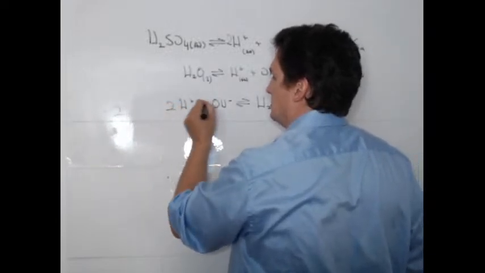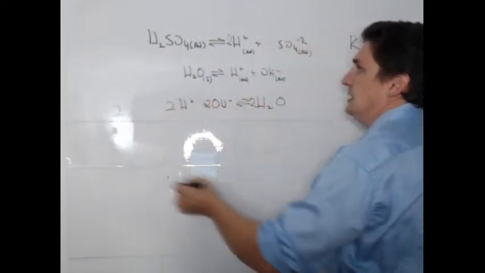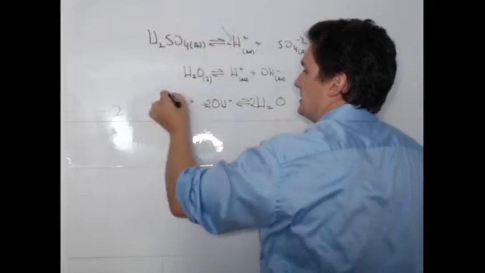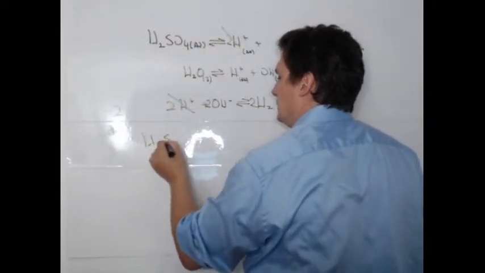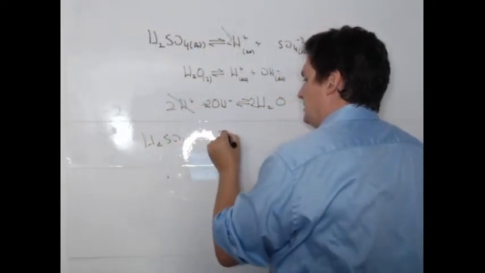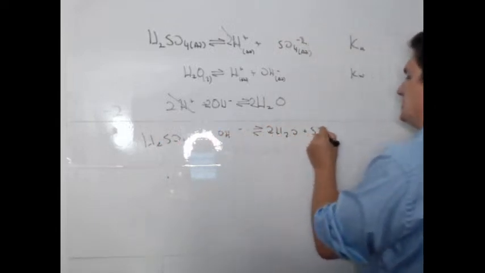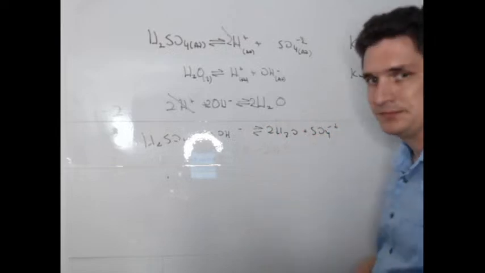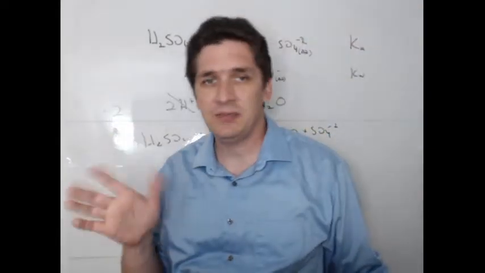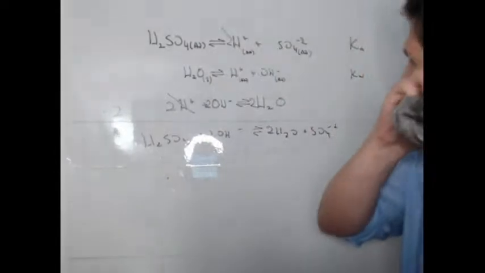So that would give me 2, 2, and 2. And when I add these together, the H pluses cancel out, and I get H2SO4 plus 2 hydroxide goes back and forth to 2 H2O plus SO4 minus 2. So that's fundamentally what we're doing in adding and subtracting reactions.